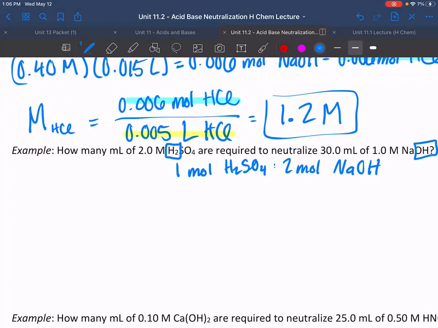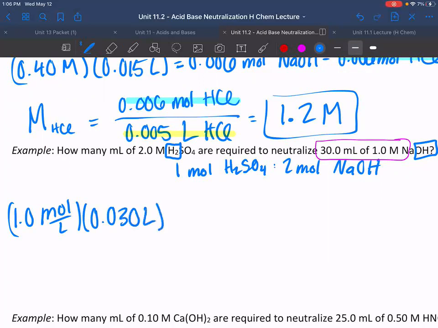Again, we're going to take that same process. We're going to figure out how many moles of base we are talking about and convert that to moles of acid. Starting off with our concentration and volume, making sure to turn mL to liters, we have a 1.0 molar, the same thing as moles per liter, which we multiply by our 0.030 liters of NaOH. That tells us we have 0.030 moles of NaOH to neutralize.